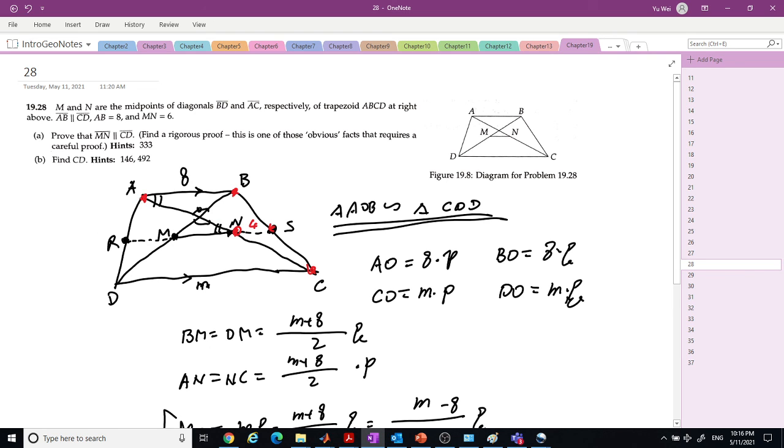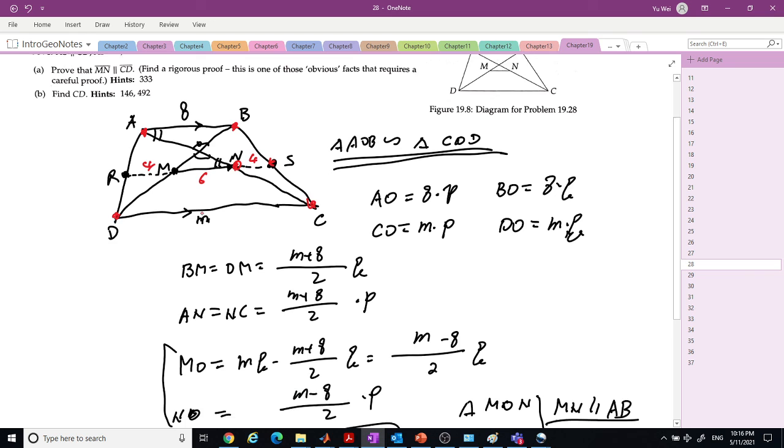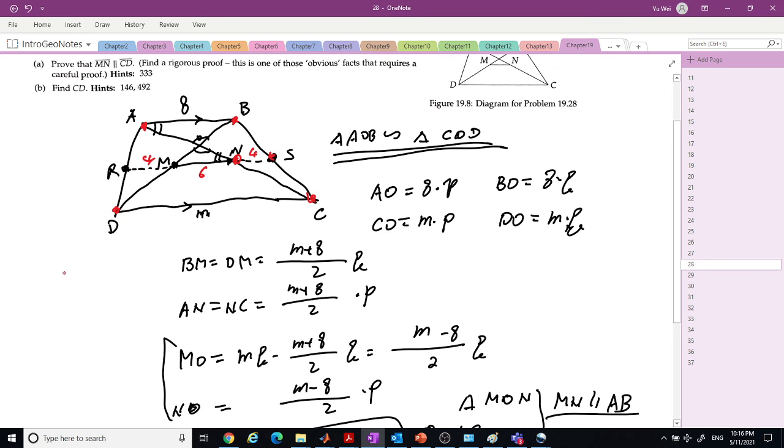In triangle ABD, RM is the midsegment, so this one is also 4, and this one is 6. So the midsegment of the trapezoid is 14, and 14 equals half of 8 plus M. Then you can solve that M equals 20.